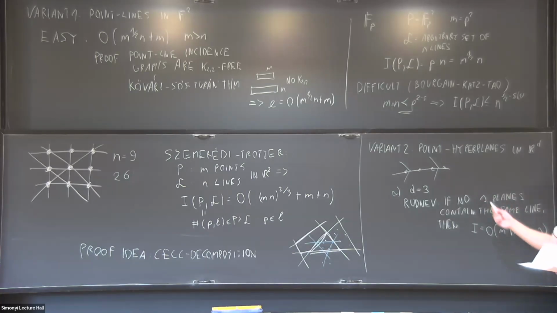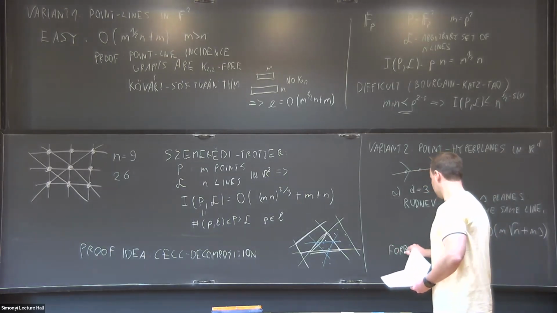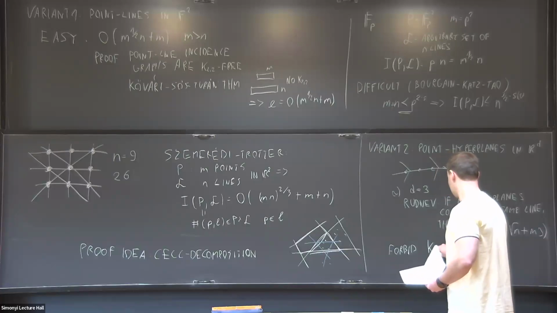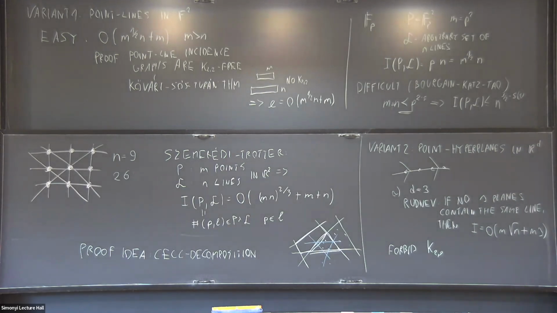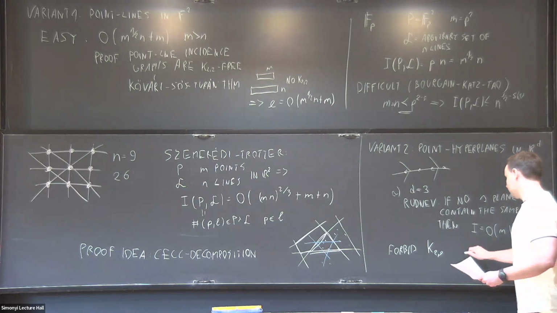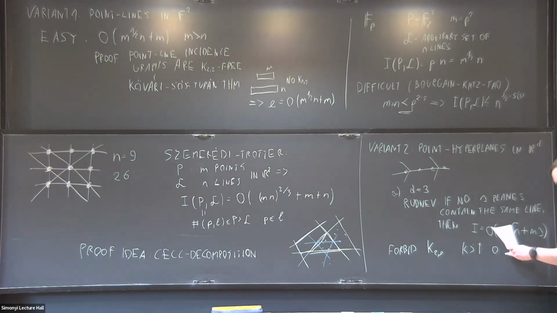Note that forbidding s planes containing the same line is a bit stronger condition than forbidding a K_{2,s} in the incidence graph. But now if you just ask what is the maximum number of edges in a K_{2,s}-free bipartite graph with these imbalanced sizes, then the KST theorem gives the bound O of square root of s times m times square root of m.